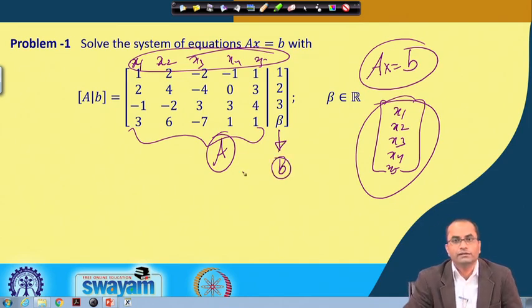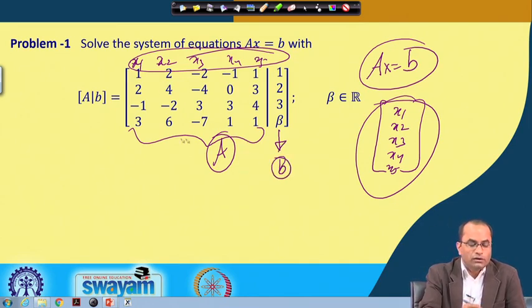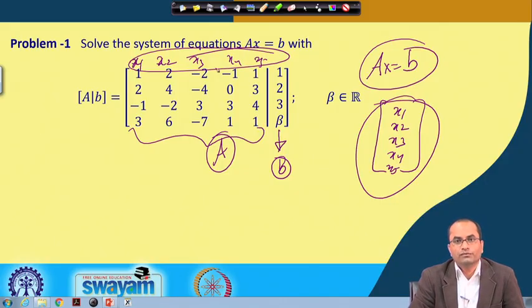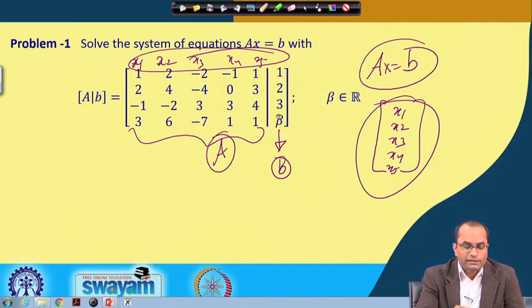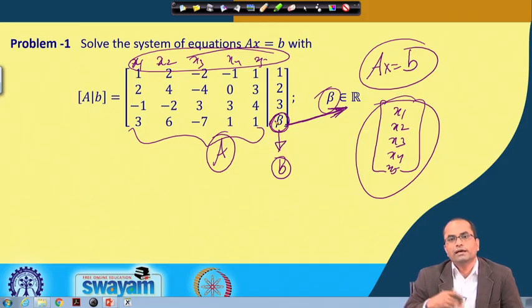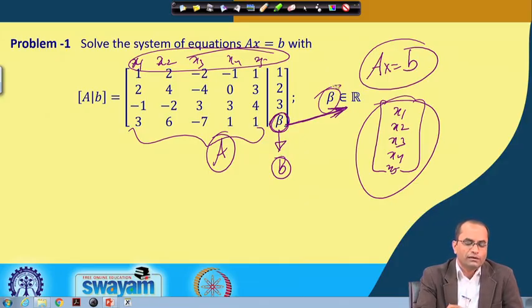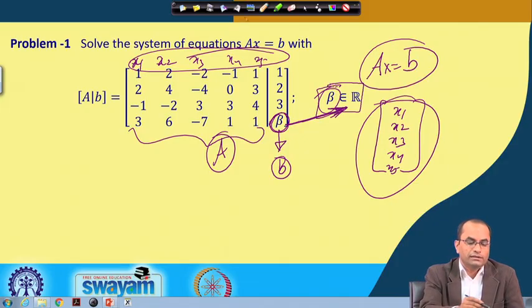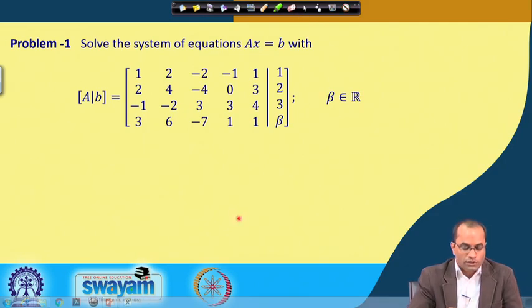There is another beta sitting here, which belongs to the real numbers. We will discuss for what values of beta we have a solution of the system, or we do not have a solution. All this consistency part will also depend on beta in this particular case.